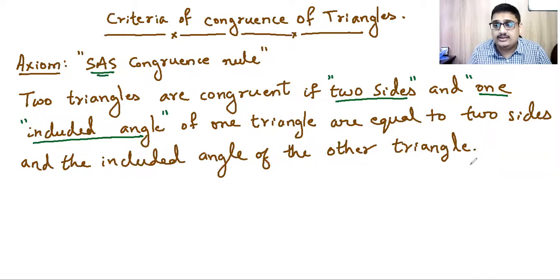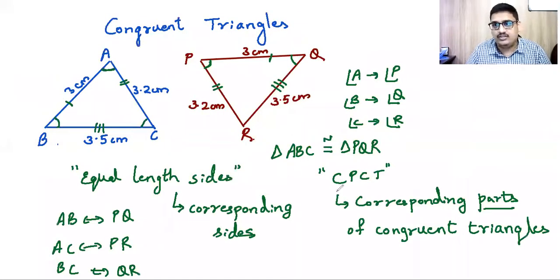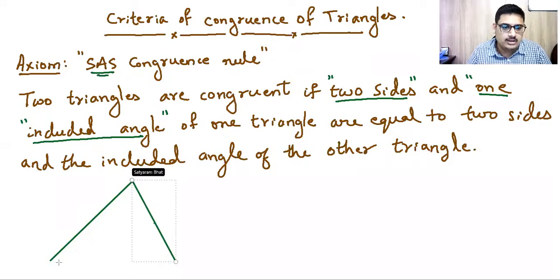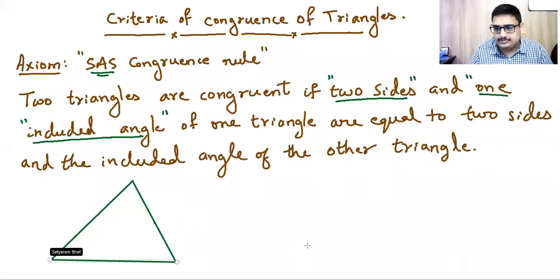That is the reason I talked in the previous slide about corresponding parts. This is very important. See, this is the included angle between AB and AC, the two sides AB and AC. To speak about the SAS congruency rule, let me draw two triangles.